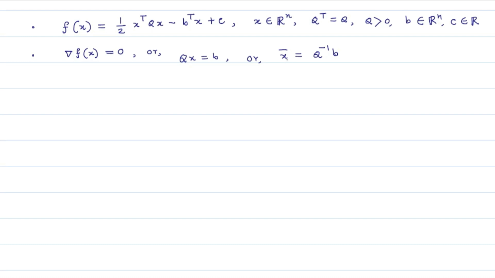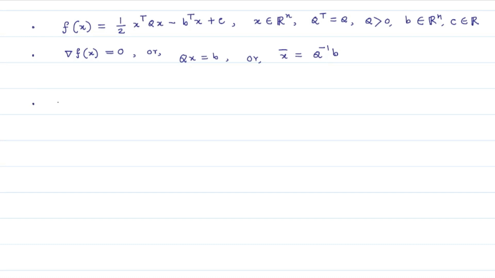We notice that the computation of x bar requires the computation of q inverse, which is really costly, and therefore a question comes up: how to bypass the calculation of this q inverse. Interestingly, with the help of n many q conjugate directions, we can actually bypass the calculation of q inverse.